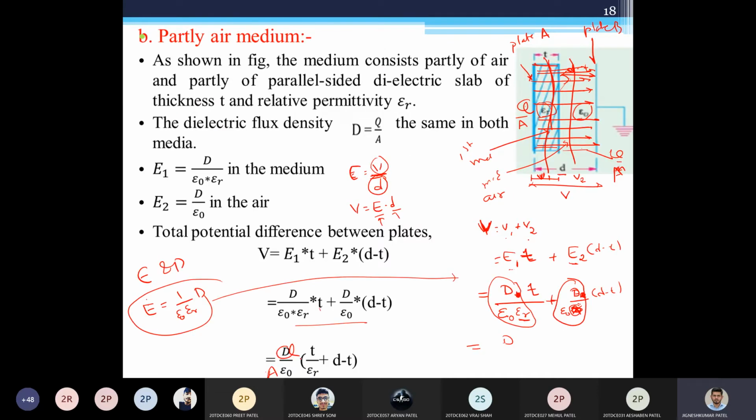This has just been rewritten like this: d minus T plus... I have taken minus common, so I can put T minus T upon epsilon r.